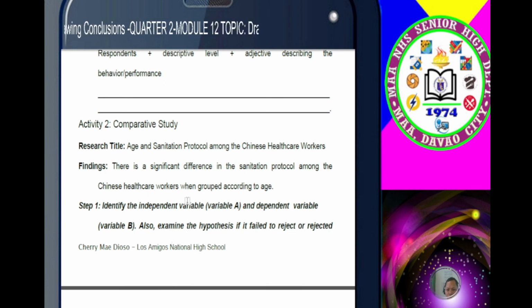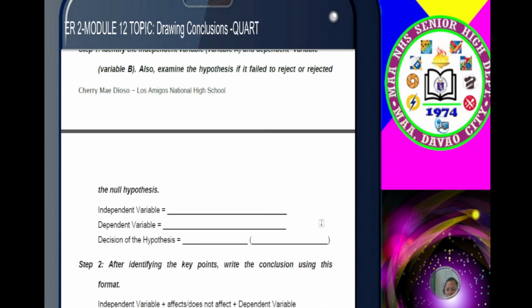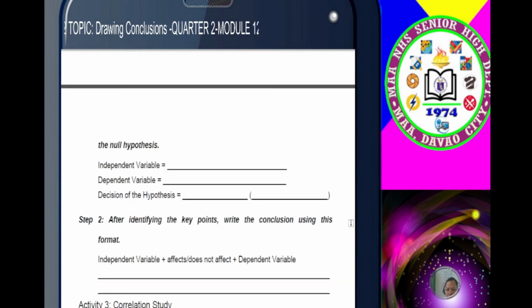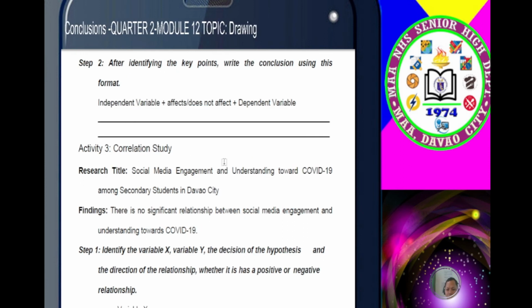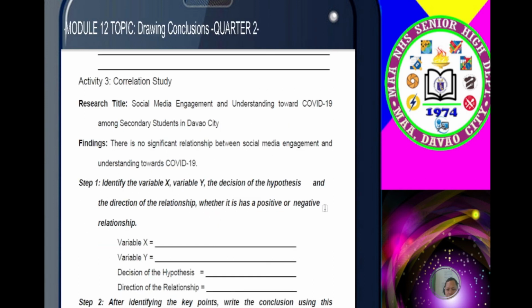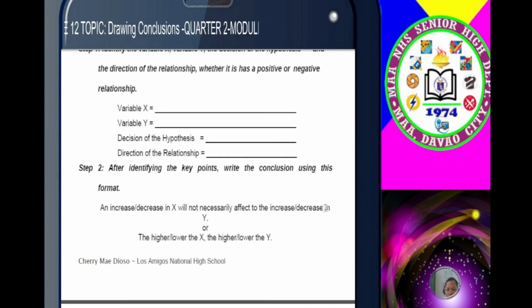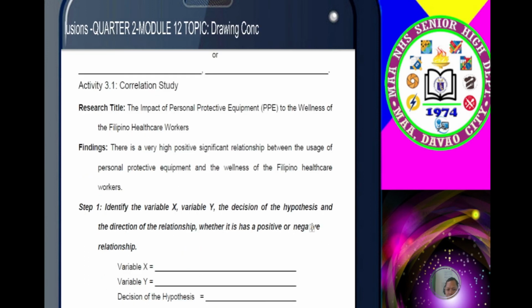And also here, for the comparative study, here's the title and the findings. Then you write here your IV, DV, and the hypothesis. Then we have here the Correlational Studies, and another Correlational Studies.